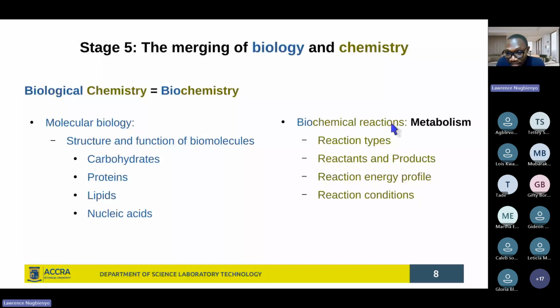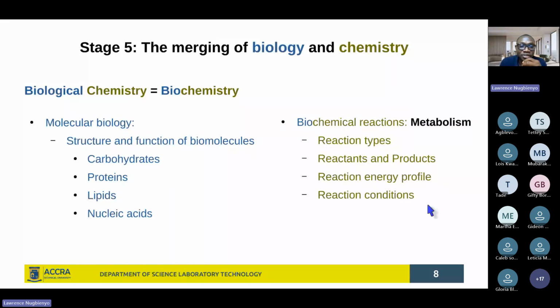You refer to the reactants, which molecules are reacting, and when they react, which product is it giving you? You refer to the reaction energy profile, which amount of energy is needed for the reaction to proceed.